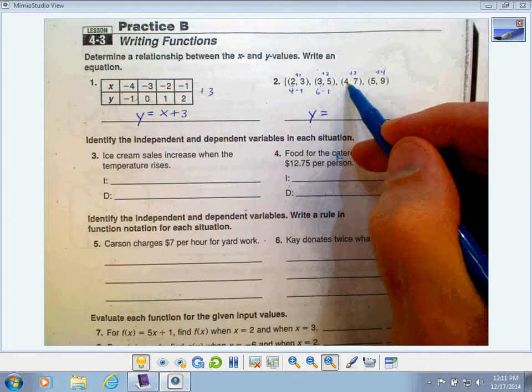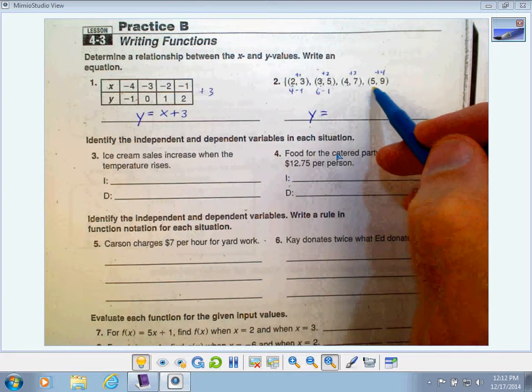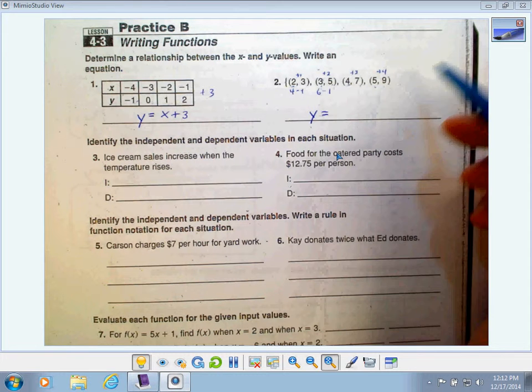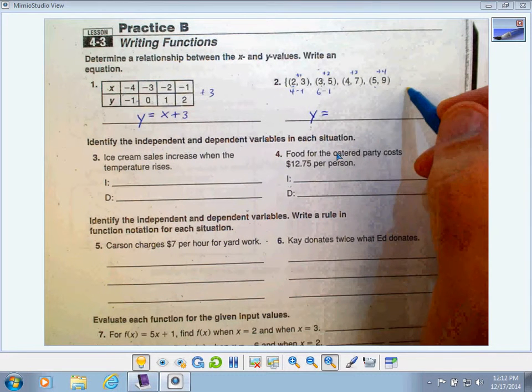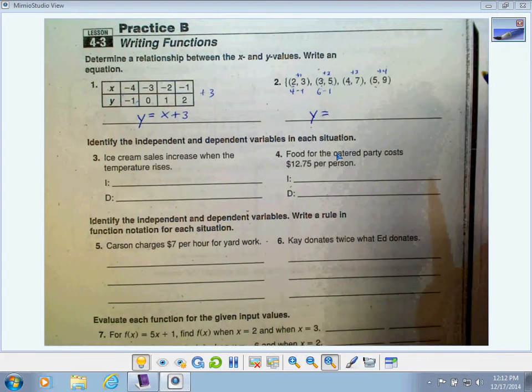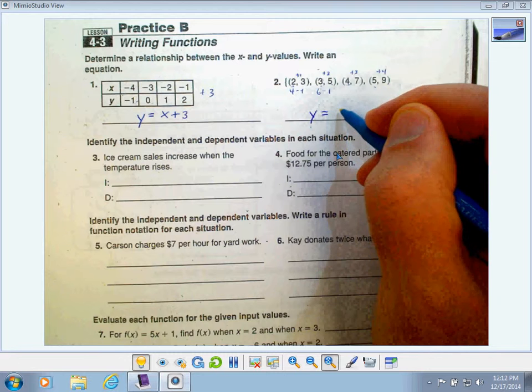4 times 2 would be 8, minus 1 would give me 7 again. 5 times 2 would be 10, minus 1 would be 9. So it looks like what I'm doing is I'm multiplying x by 2, and then I'm subtracting 1. Well, usually when you're talking about taking x times 2, you wouldn't write x times 2 or x2.